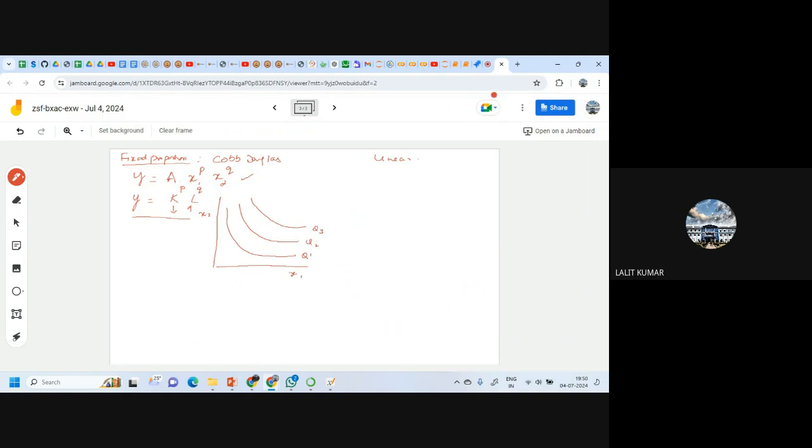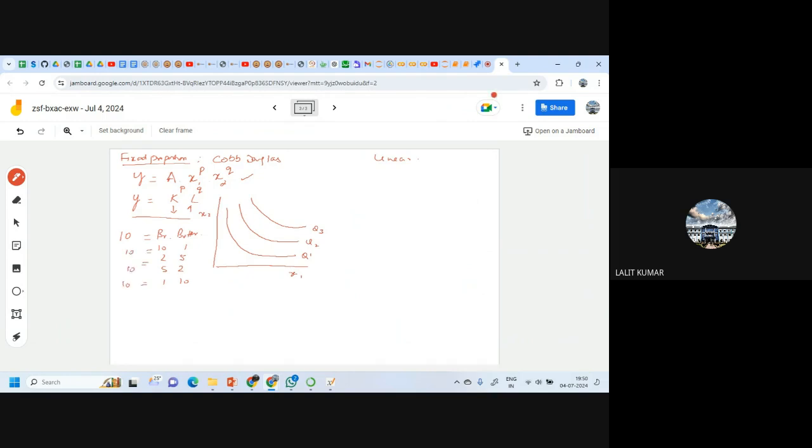I'll give an example with bread and butter, where bread and butter make 10. I can have 10 bread and 1 butter, 2 breads and 5 butter, 5 bread and 2 butter, or 1 bread and 10 butter, and still I'll have 10.